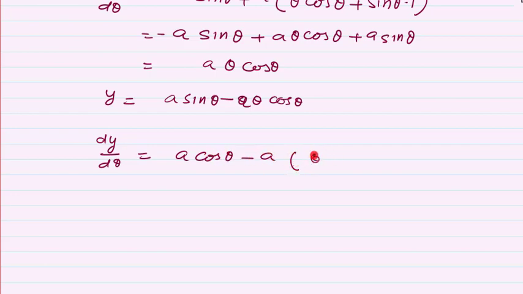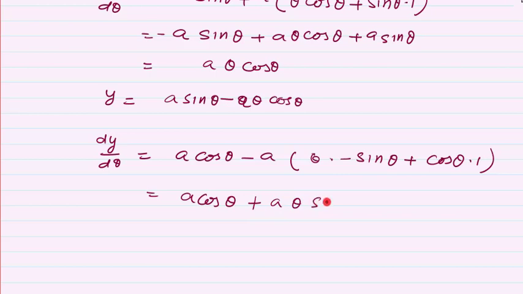So using the same rule, first function into derivative of second, that is minus sin theta, plus cos theta into derivative of theta, that is 1. Which is equal to a cos theta minus, it changes to plus a theta sin theta and minus a cos theta. So clearly you are getting a theta sin theta from here.